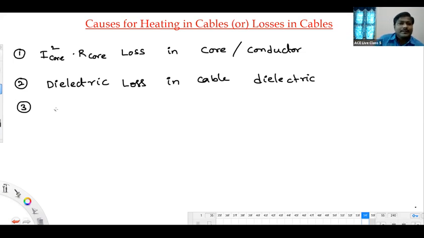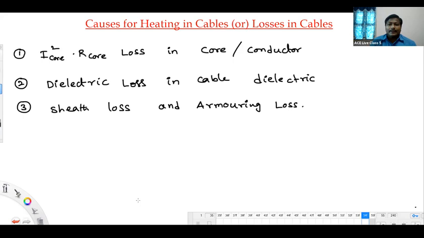Third one is sheath loss and armoring loss. Okay, done. So the three are: I square R loss in the conductor, dielectric loss in the cable dielectric material, sheath loss and armoring loss.